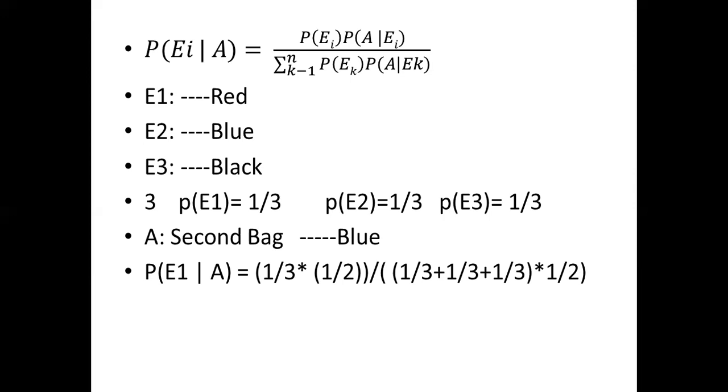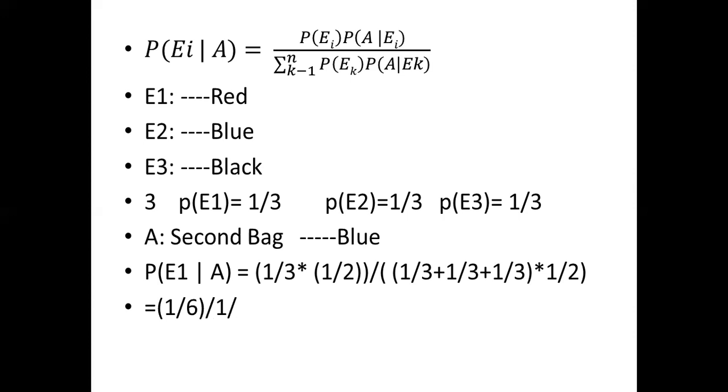So after simplifying, 1 by 3 multiplied by 1 by 2, I will get 1 by 6. Then divided by this: 1 by 3 plus 1 by 3 plus 1 by 3, I will get 1. 1 multiplied by 1 by 2, I will get 1 by 2.